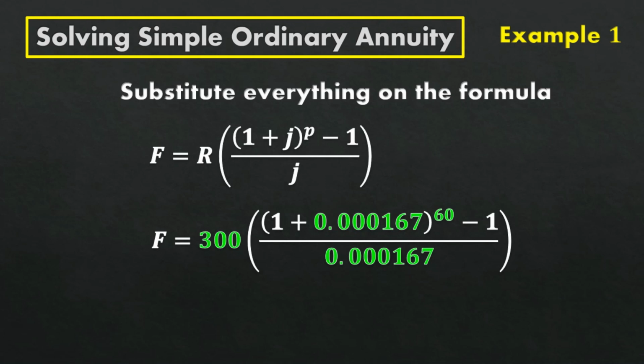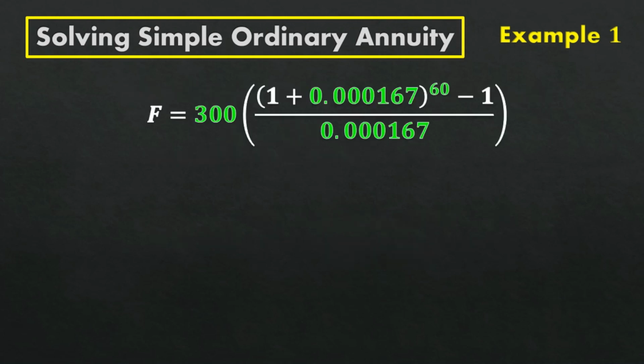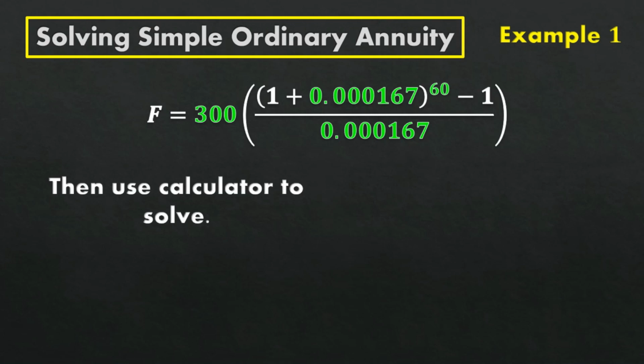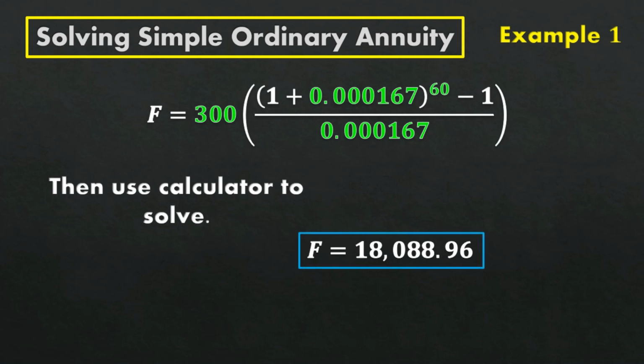So you can plug in this to your calculator or you can solve this one by one. So I will use calculator to solve this and the answer will be F is equal to 18,088.96. So ibig sabihin, yung kanyang ipon ay magiging 18,088.96 after 5 years.